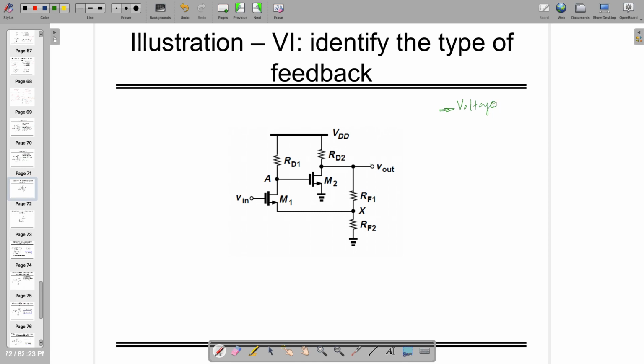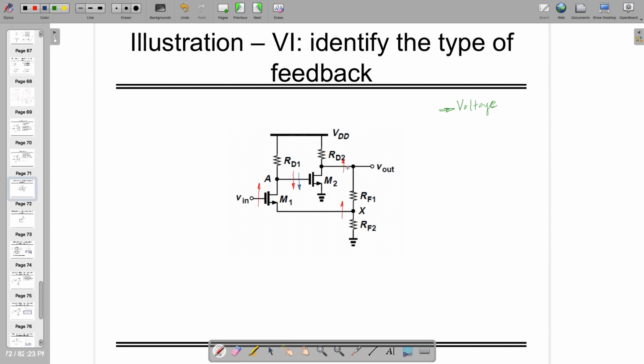But on top of that, we need to find out what kind of feedback it is. So you can always apply this theory. If this one is increasing at the time Vx is 0, by the way, this is going to decrease because it's a common. If it is decreasing, this is going to increase. If this is increasing, this will also increase. If this is increasing and this is increasing, both are increasing, then this has to decrease.